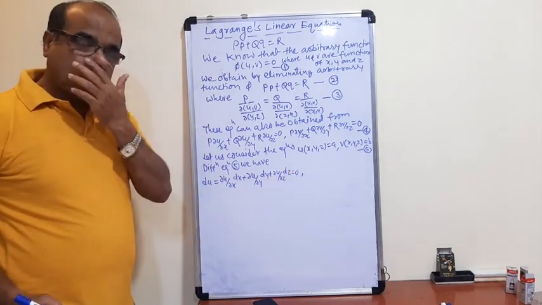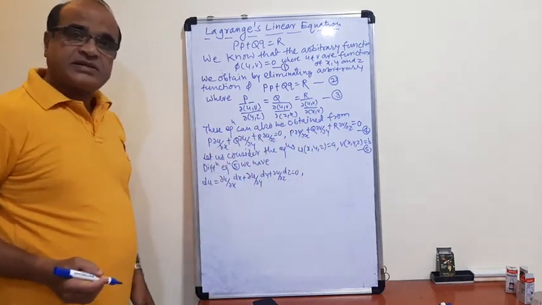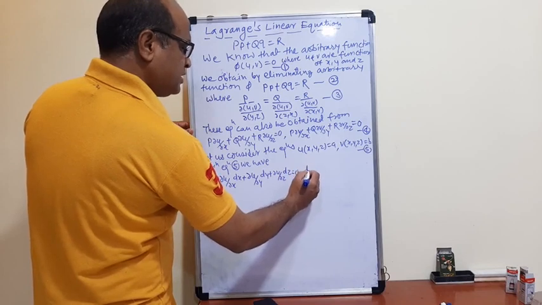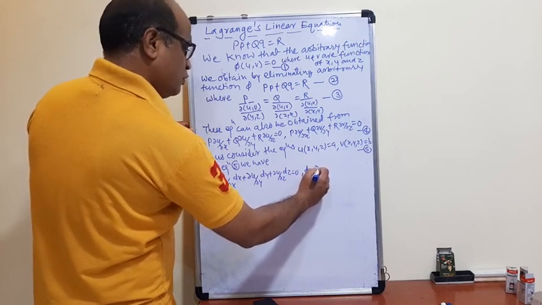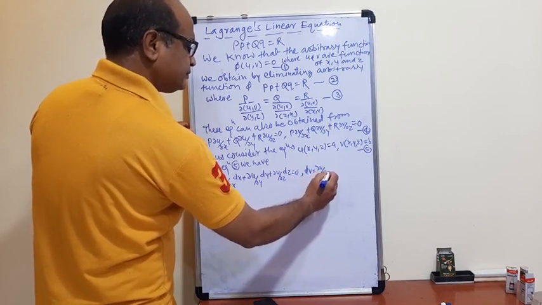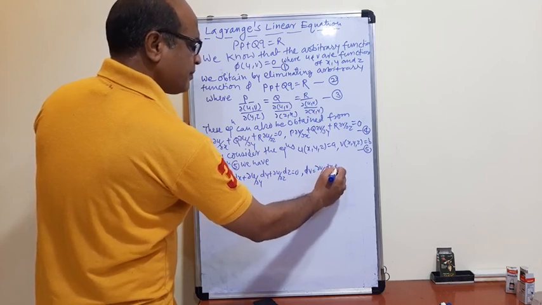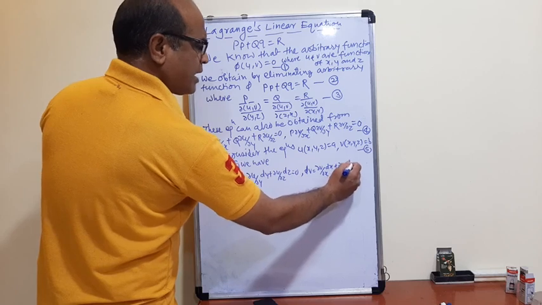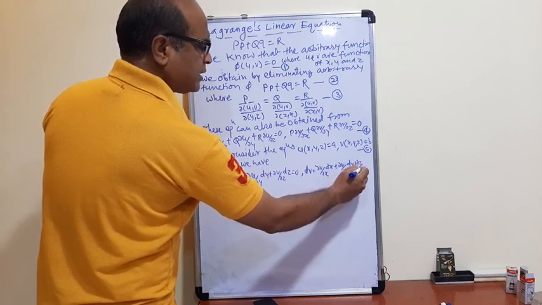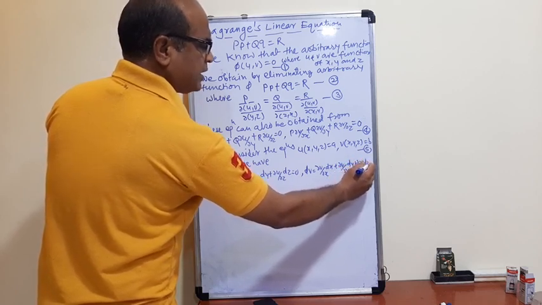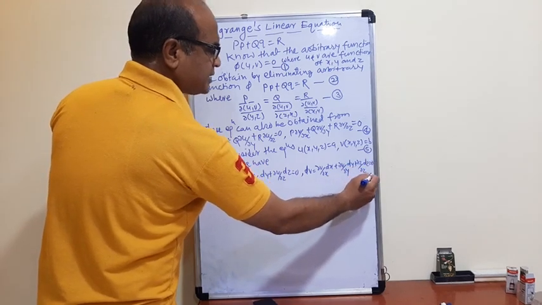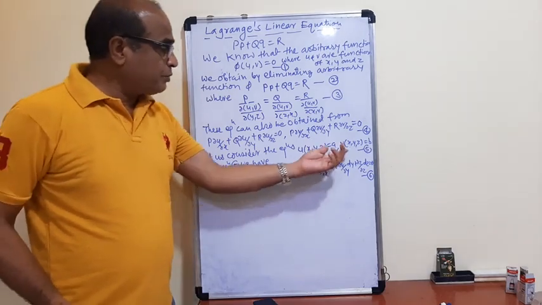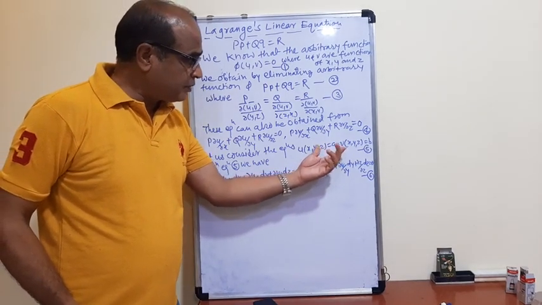Similarly, dv is equal to dou v by dou x into dx plus dou v by dou y into dy plus dou v by dou z into dz is equal to 0. This is equation number 6, obtained after differentiating the equations.